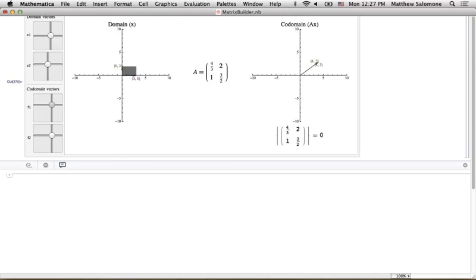Again, I'm starting on the left-hand side with a rectangle whose area is 6. But now in this picture, I'm ending up with a figure on the right-hand side whose area is what? 0. It's 0. And so the determinant, as we expect, based on this picture, the determinant 4 times 3 is 12, minus 2 times 6. So the determinant is 0.